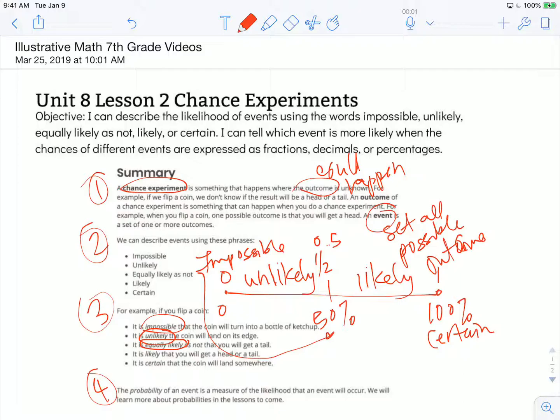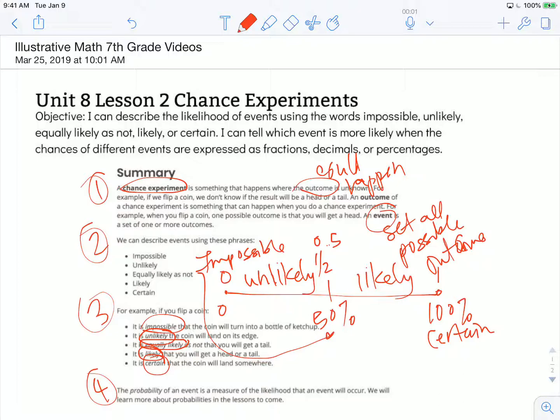And so it's equally likely as not to get a tail compared to a head. It is likely that you will get a head or a tail. Yeah, you're going to get one or the other. Although you could get something like it landing on its side, so then we can't say that's 100% certain to happen every time. And it is certain that the coin will land somewhere. That's going to happen every single time. Gravity will bring it down and it will land somewhere.